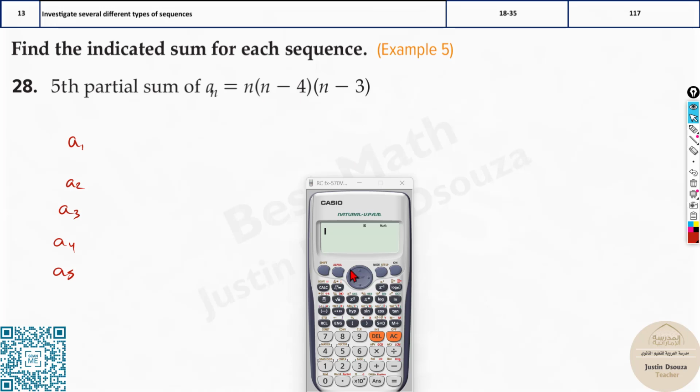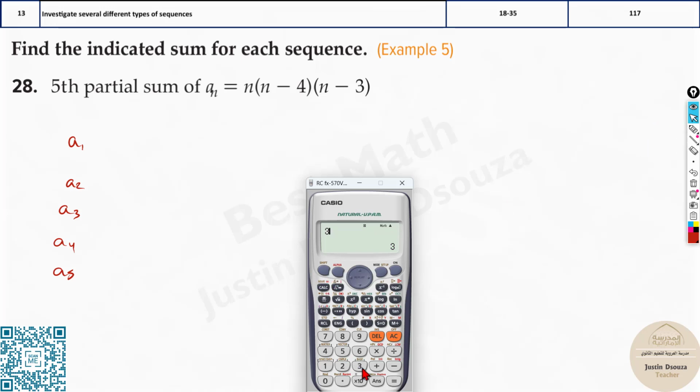Since over here there are only n's, I'll take it as x multiplied by (x minus 4). Close the bracket. Now again there is a bracket, (x minus 3). Instead of n, we use x and calculate it at 1. The answer is 6. Calculated at 2, 6; calculated at 3, it's 4, 0.